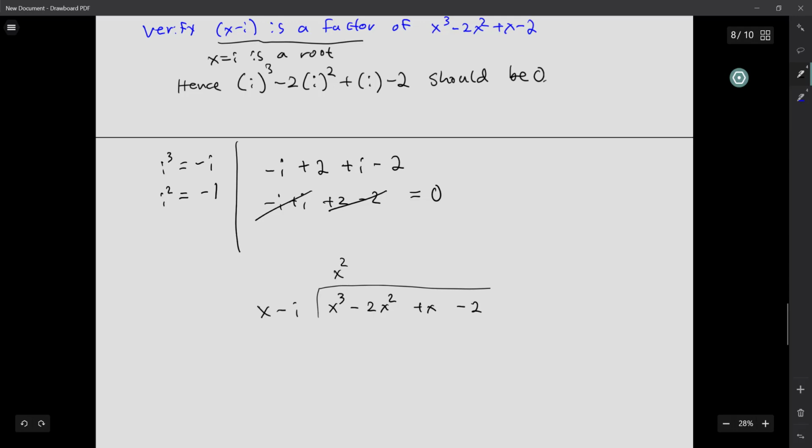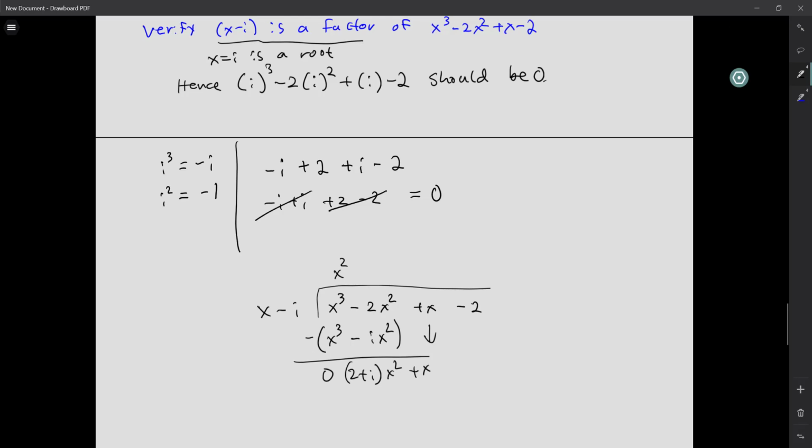So I need x squared. Okay, so I've got minus, and I've got x squared times x is x cubed. x squared times i is ix squared. Okay, so that cancels to 0 there. I have minus 2 minus minus i, so that turns into 2 plus i parentheses x squared. And then it's just going to keep getting worse, plus x.